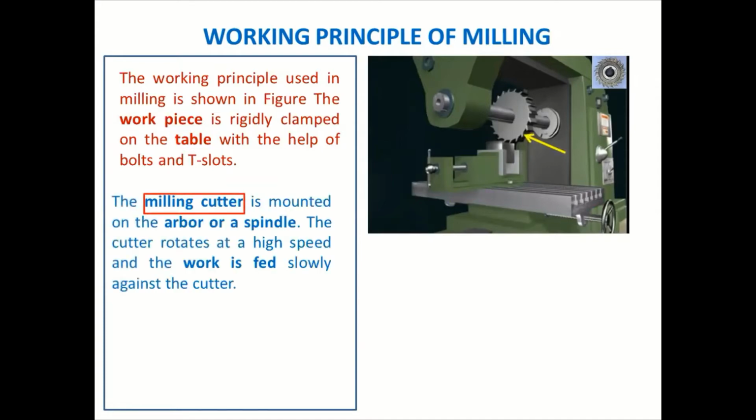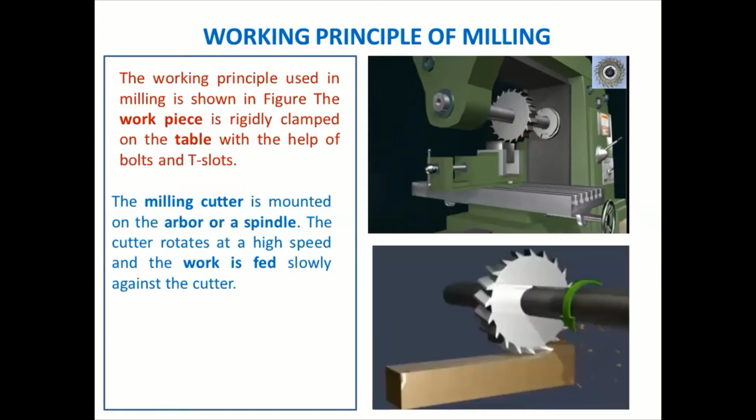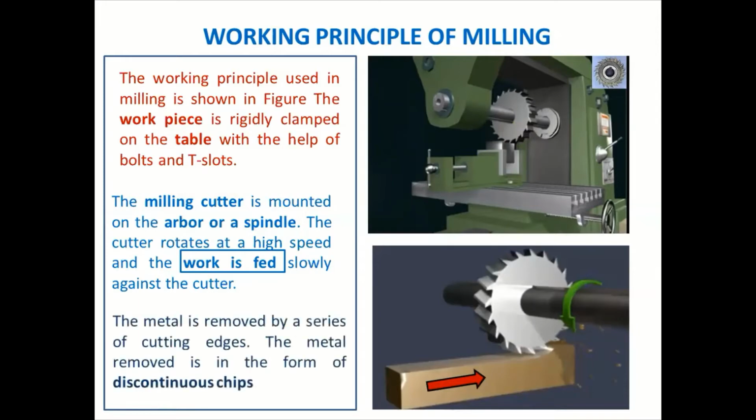Now, the milling cutter is mounted on the arbor or a spindle. You can see the cutter mounted on the arbor. The arbor is nothing but the spindle. This cutter rotates at a very high speed, and when we feed the workpiece against the cutter, so slowly we just try to feed it, the cutting action will take place in the form of discontinuous chips.